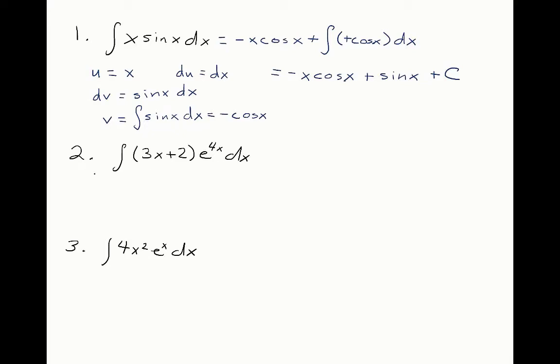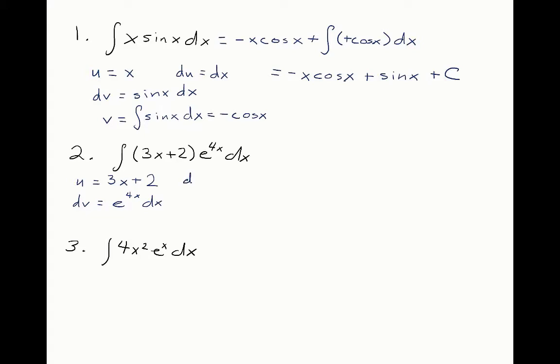Okay, next one. So now we have, well, our simple function that when we take its derivative it gets easier is 3x plus 2. So u equals 3x plus 2. And our dv then is e to the 4x dx.